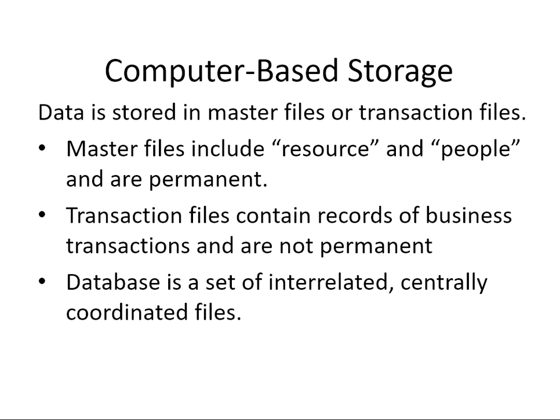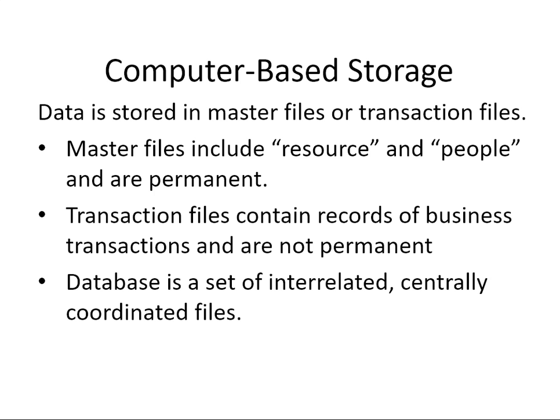Then we talk about computer-based storage. Data is stored in master files or transaction files. So what is a master file and what is a transaction file? Let's talk about that. Master files are very similar to the ledger. In AIS systems, master files include resources and people, and they are permanent.